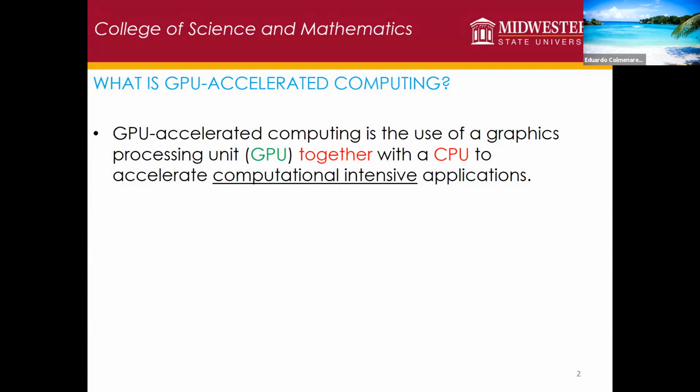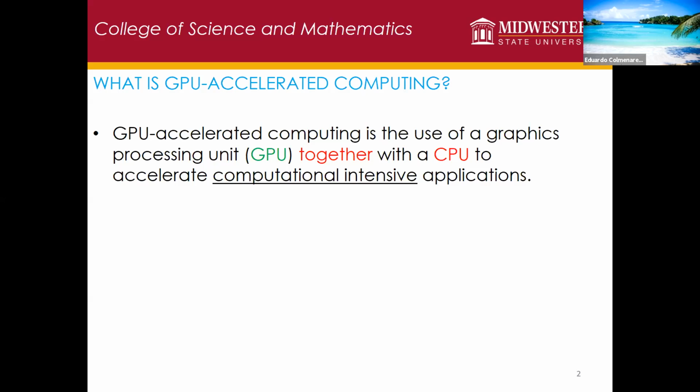With that being said, we're going to talk about what is GPU accelerated computing. The very first question that you guys might have is, what is a GPU? The GPU stands for Graphics Processing Unit. Many years ago, there were a couple of guys in Silicon Valley who decided to create something to accelerate video games. They said, well, you know what?